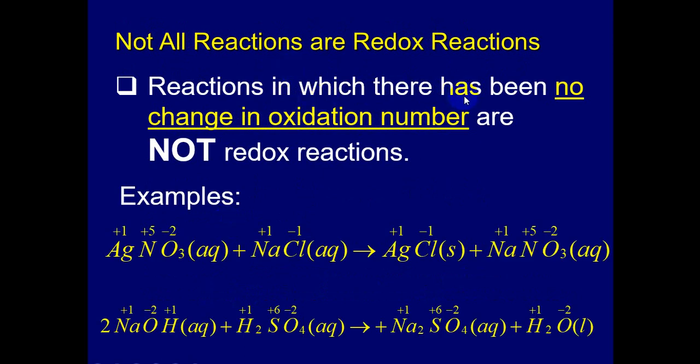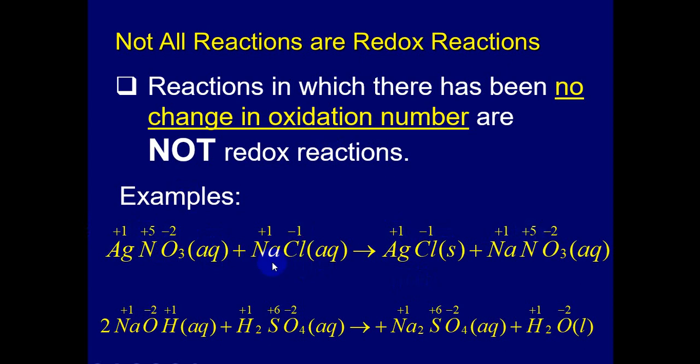Reactions in which there has been no change in oxidation number are not redox reactions. Examples. Over here we can see this one, oxidation number is the same, 1 plus. Nitrogen is plus 5.